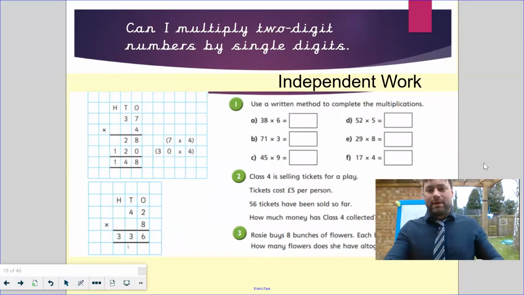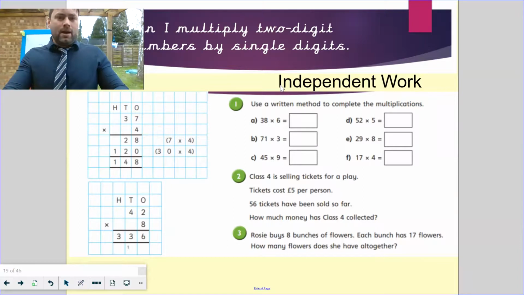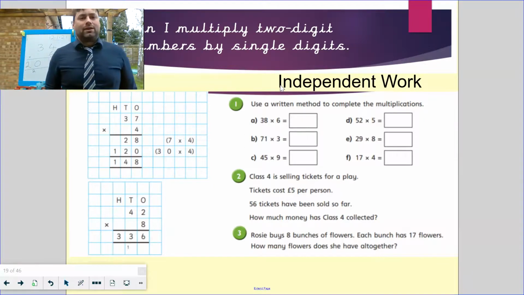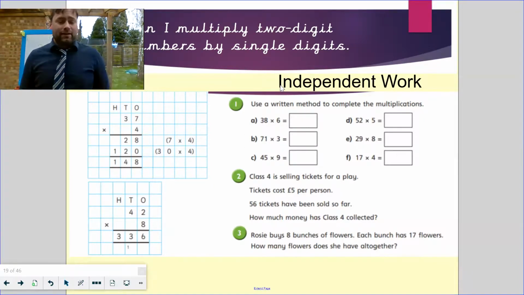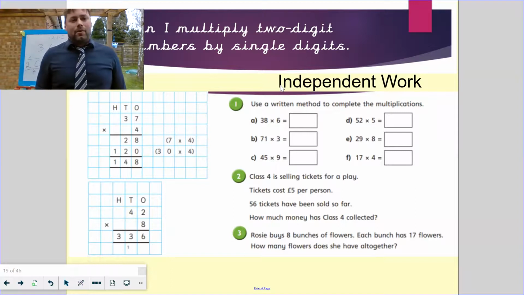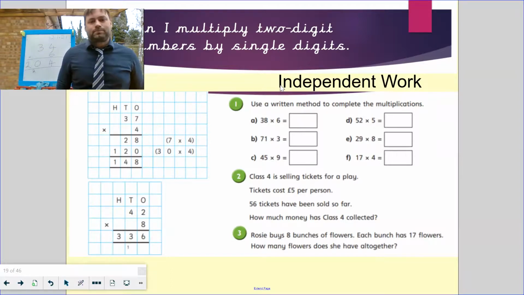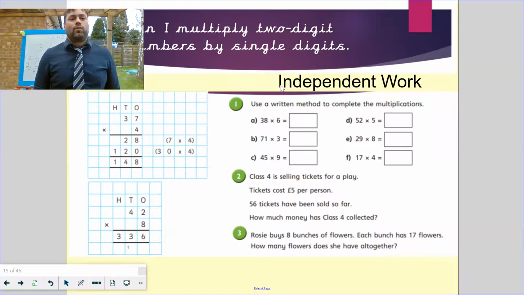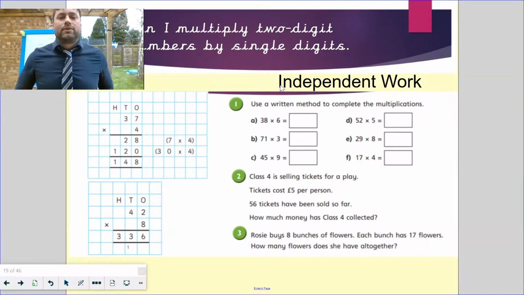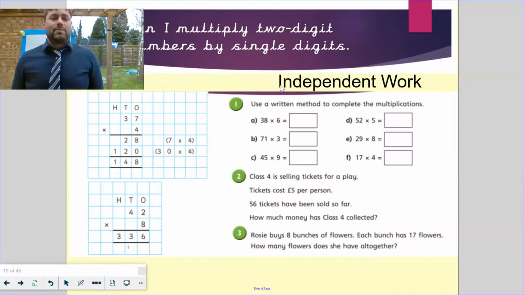Right, here is your independent work. As always, I want everyone to attempt to do number 1. And if you found that a little bit tricky, I want everyone to go on to try number 2. If you can't do number 2, then don't worry. But if you can do number 2, push yourself to do number 3. As always, I want everyone to try the best that they can.